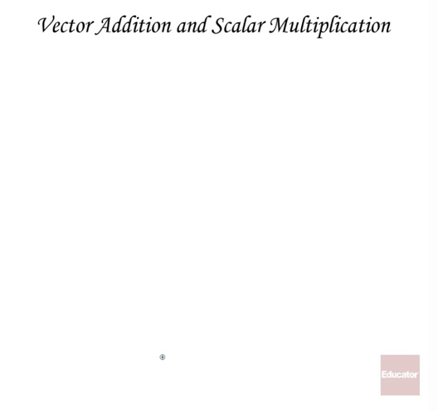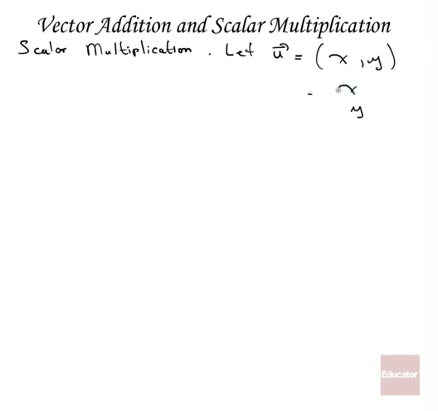Okay, now let's talk about scalar multiplication. Once again, we will let u equal, let's just say, x y. We can also write it as x y, a column matrix. So let u equal that, and a is a scalar, just a number.